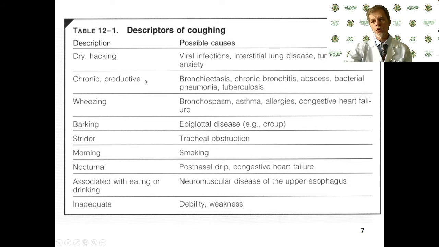Coughing may be chronic productive, usually a result of chronic disorders like chronic bronchitis, bronchiectasis, bacterial pneumonia, or even tuberculosis. Coughing with wheezing is usually asthma. This is bronchospasm and asthma.